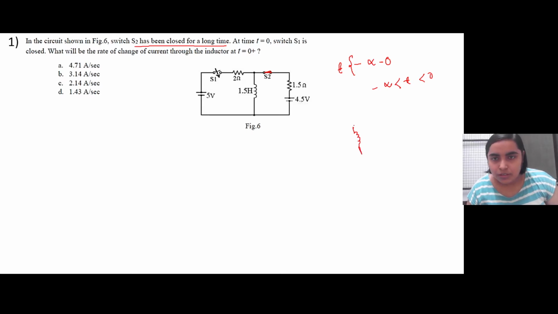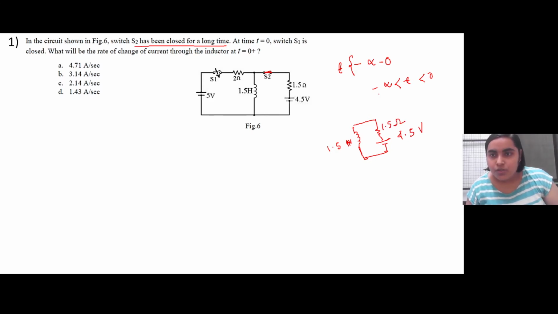So the circuit was just this, since the rest of the circuit was open, nothing was flowing across here. This 1.5 Henry inductor was getting charged from this 4.5 volt source only, and there is a resistance of 1.5 ohm connected.